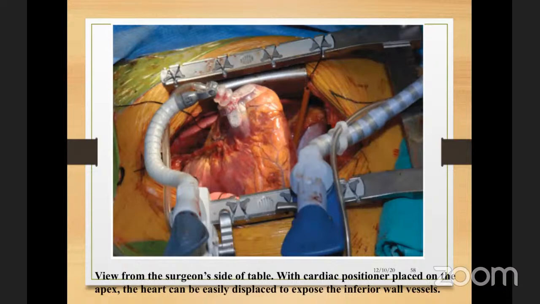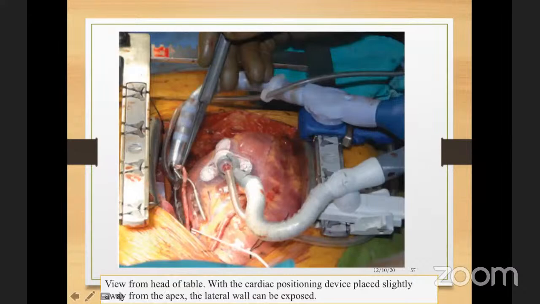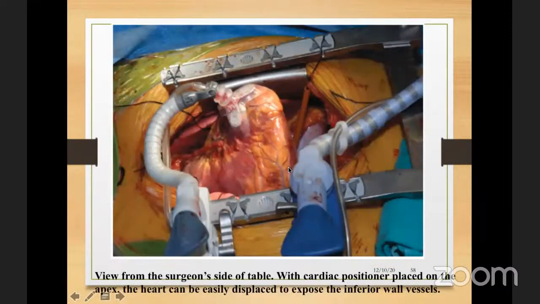In case you want to expose, like here, the starfish is positioned away from the apex, and this will expose the lateral wall of the heart. Here it's on the apex, so you can expose the inferior wall of the heart.